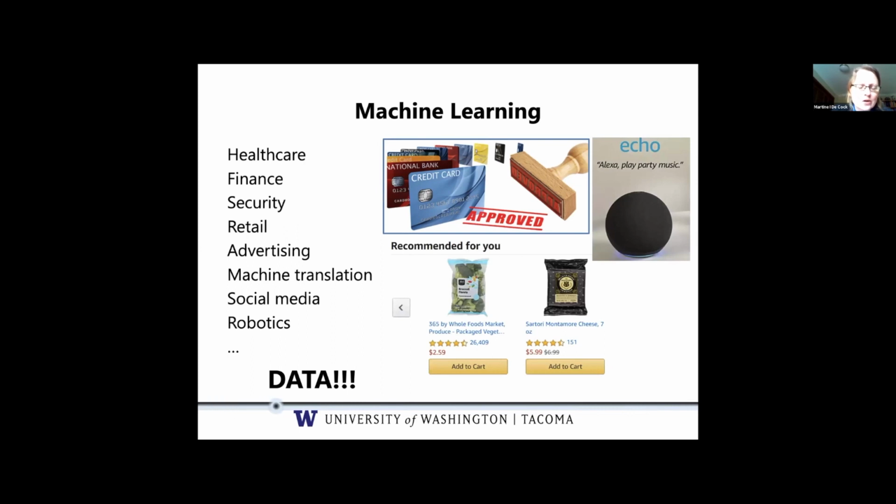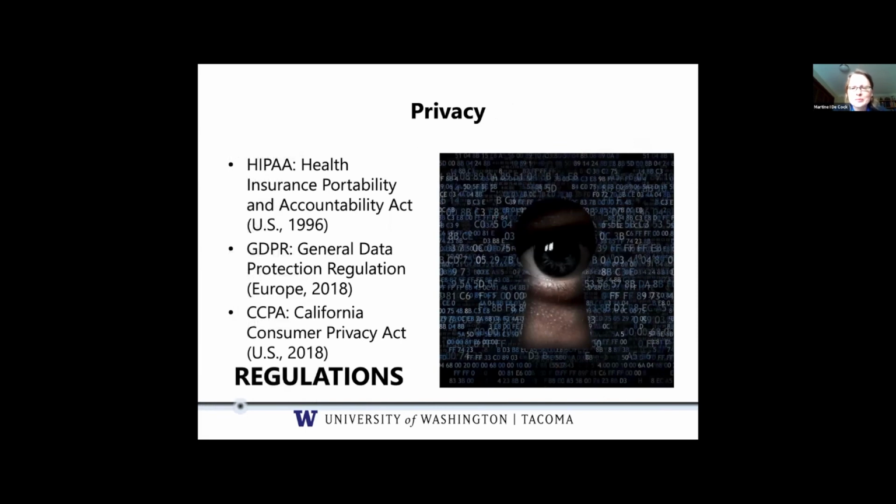And when you see online advertisements or products being recommended for you, that is because a machine learning system has decided to show those to you. Or when you talk with a virtual personal assistant like Alexa or Siri, and they actually understand you, that's machine learning at work. So whether you are much aware of it or not, we all feel the benefits of machine learning on a daily basis.